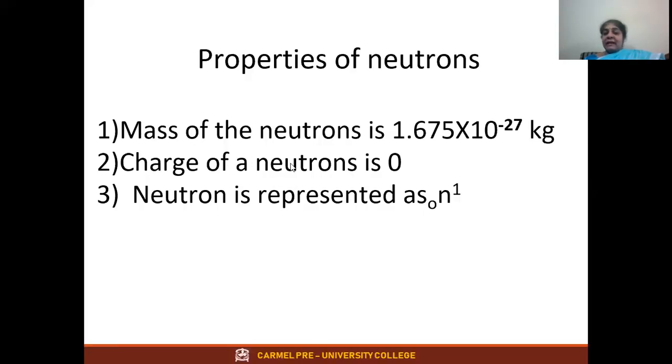Again, I'll remind you, you need not memorize these values. Of course, the charge of the neutron is 0 and the representation you need to know, but the mass of the electron, mass of the proton, and the charge of the electron and proton values you need not memorize, but get to know them.